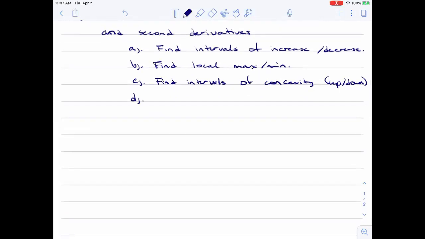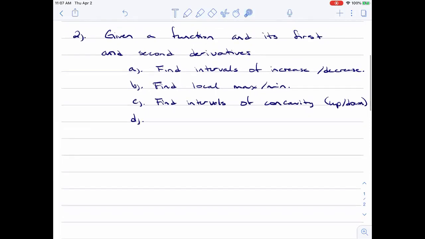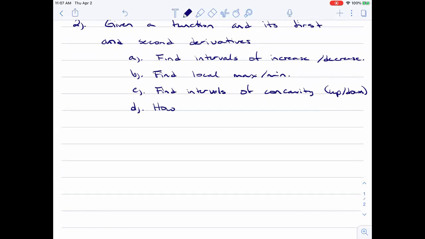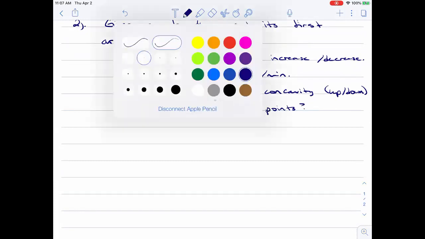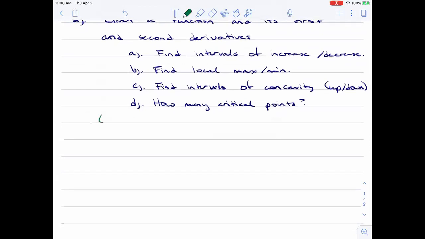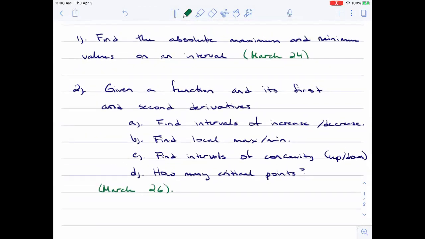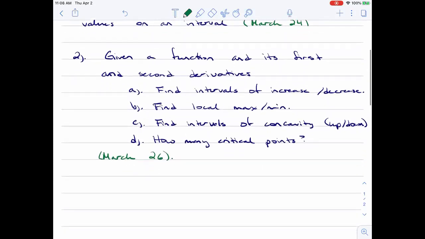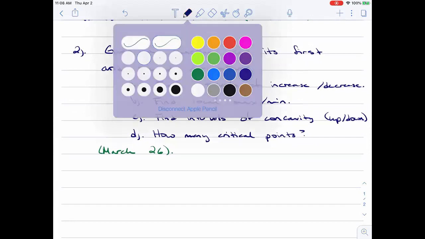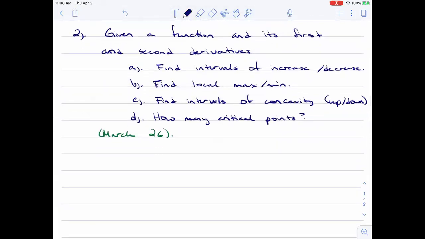And then part D, finally, even though you definitely use the critical points up here, so it's just kind of a gimme mark: how many critical points are there? And if you're looking through your notes, you can have a look at March 26th for this one, although we've used it all along here, right? And so all these tools we've seen since then, but that's where we introduced it.